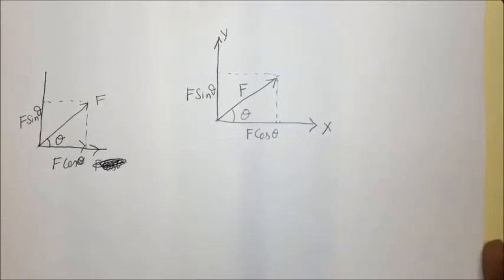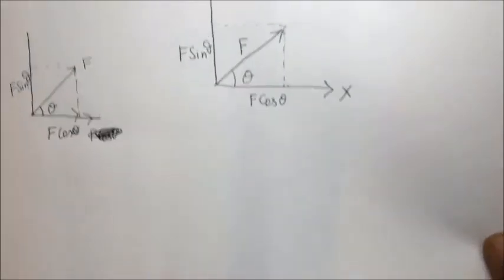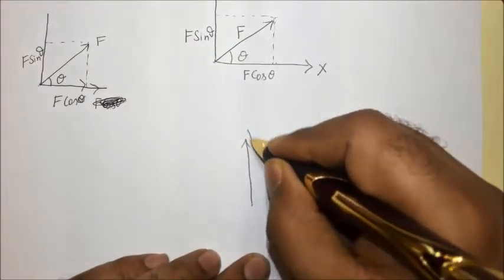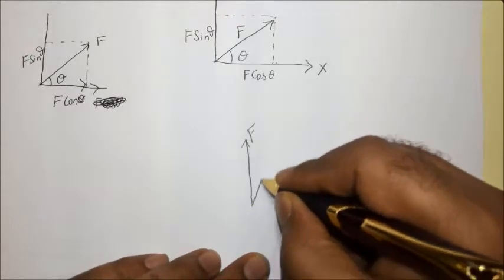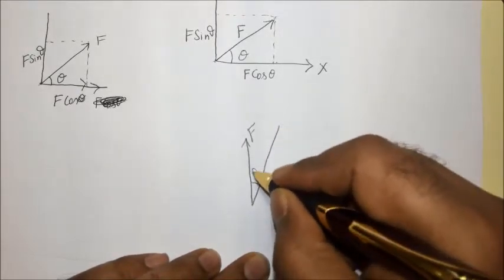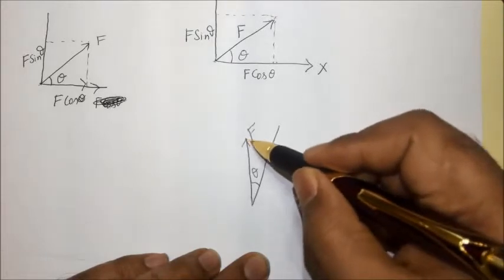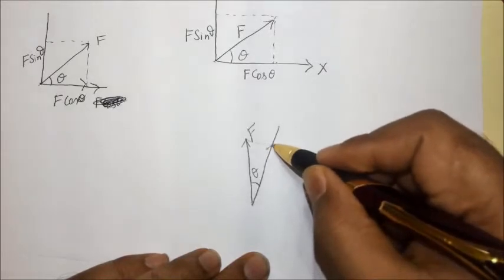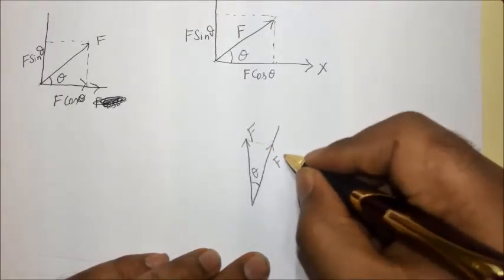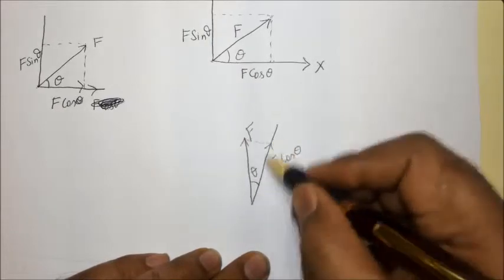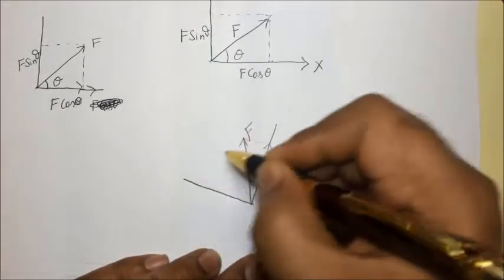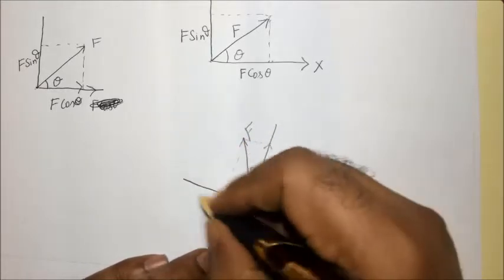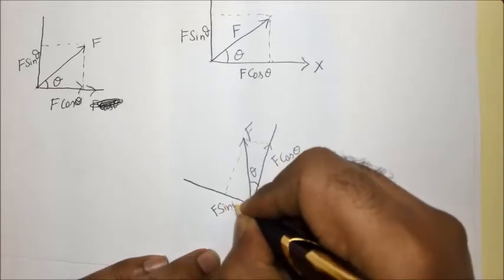I can generalize this. Suppose my F is this way, and if this is theta, what is this component going to be? This component is going to be F cosine theta, and perpendicular to this one, F sine theta is going to be this way.